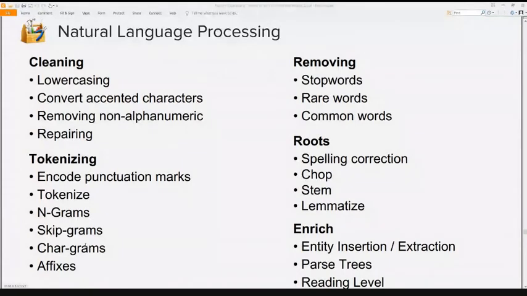Removing stop words. If you are going to be doing a sentiment analysis model, there are certain words a model would incorrectly give higher importance to because they appear many times.